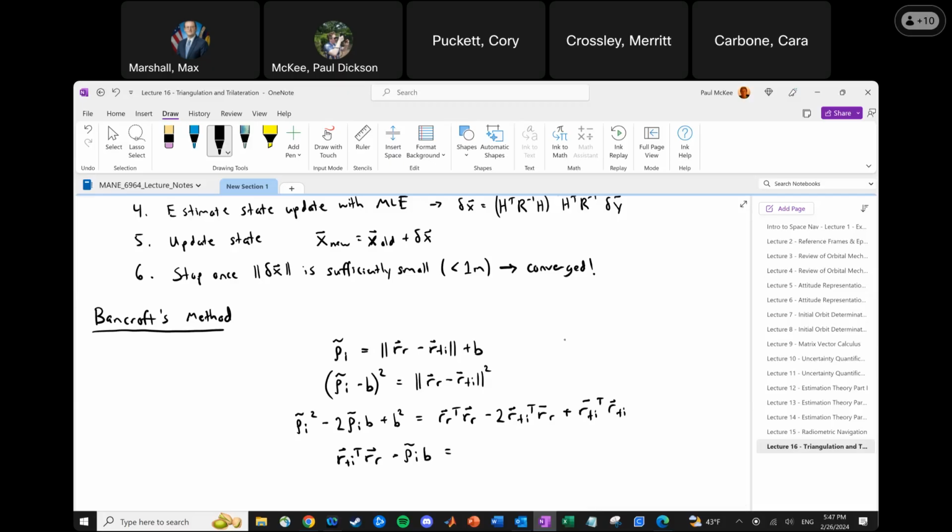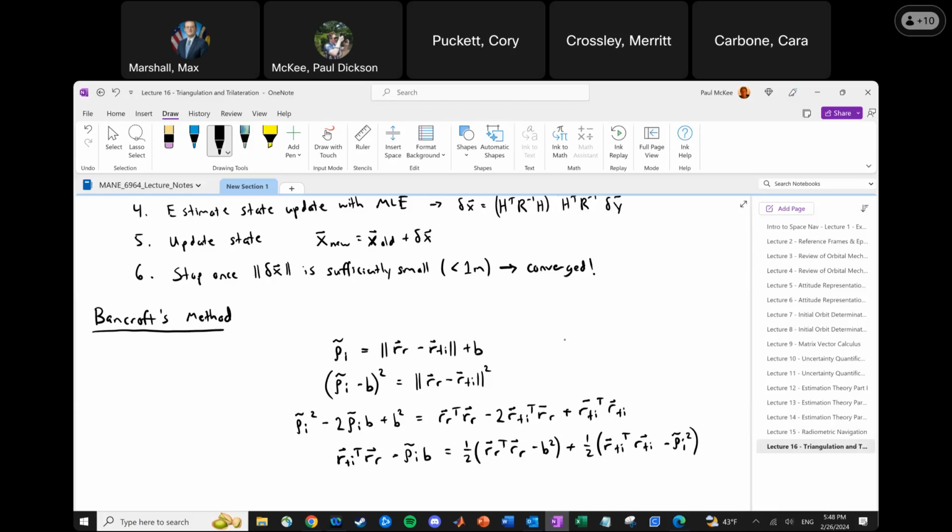And that's equal to 1/2 times r sub r transpose r sub r minus b squared, plus 1/2 times r sub ti transpose r sub ti minus rho I squared. You'll notice I've divided everybody by a half now. All I did was divide by 2 and then move around who's on what side of the equal sign.